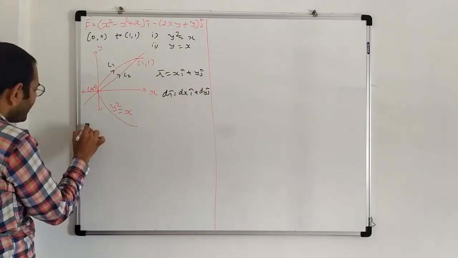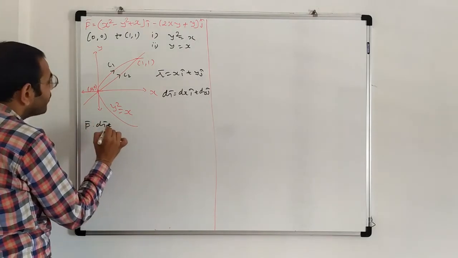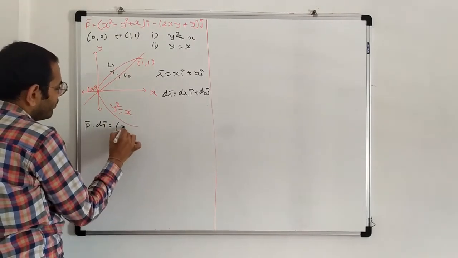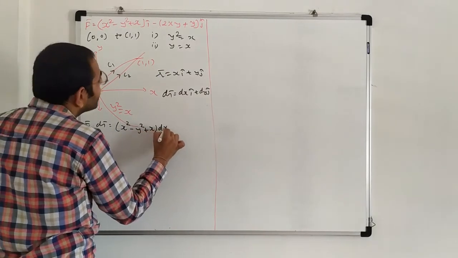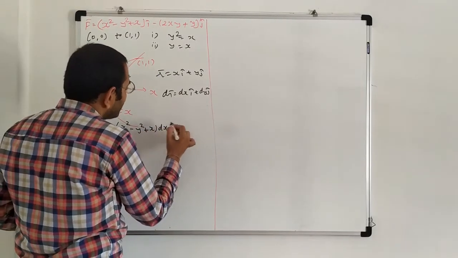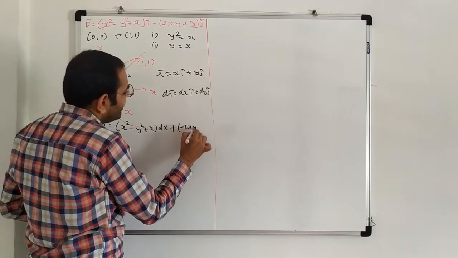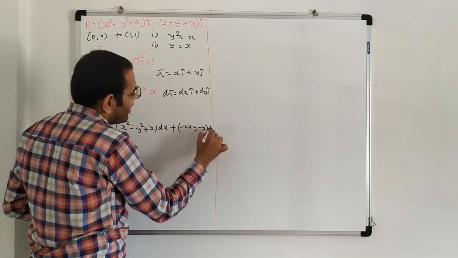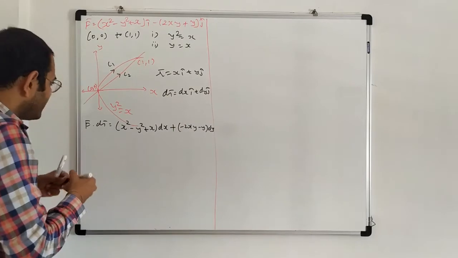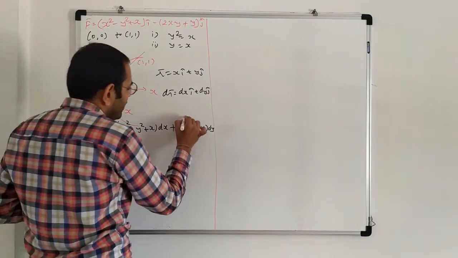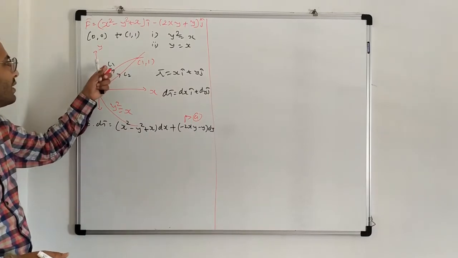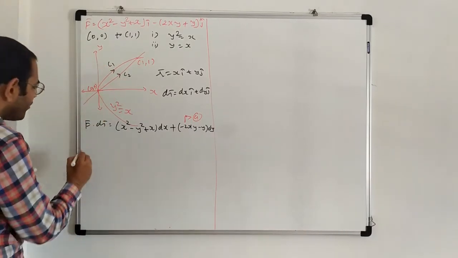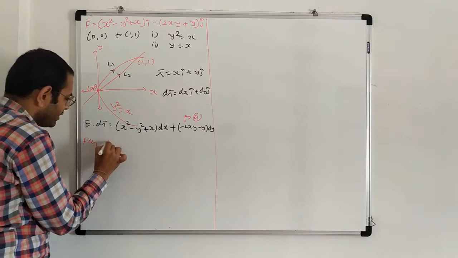Then our F bar dot dr equal to (x square minus y square plus x) dx minus (2xy plus y) dy. That is our equation number A. This equation we require in both the paths C1 and C2. First consider path C1.